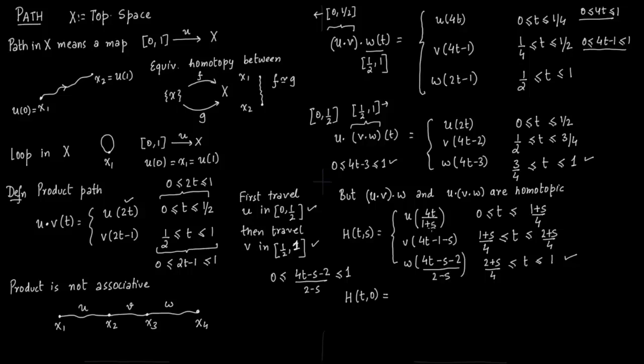Now say you plug in 0 for s. If you plug in 0 here, you get u of 4t, v of 4t minus 1, w of 2t minus 1. So you get the first path. If you plug in s equals to 0, this is what you get. So that is the first product you get.